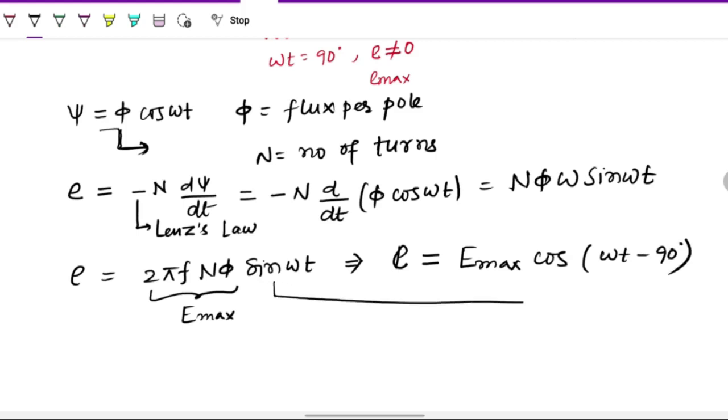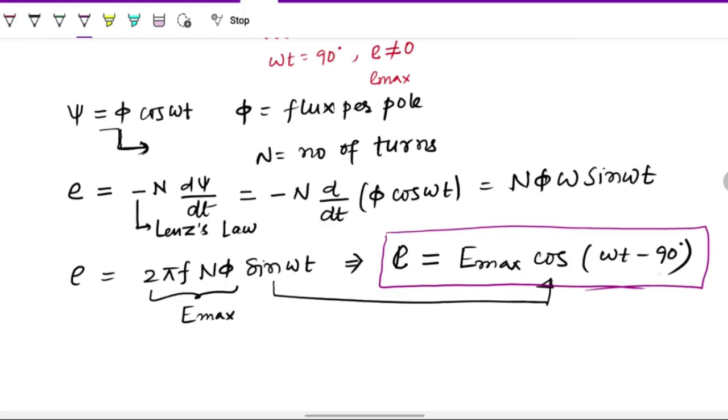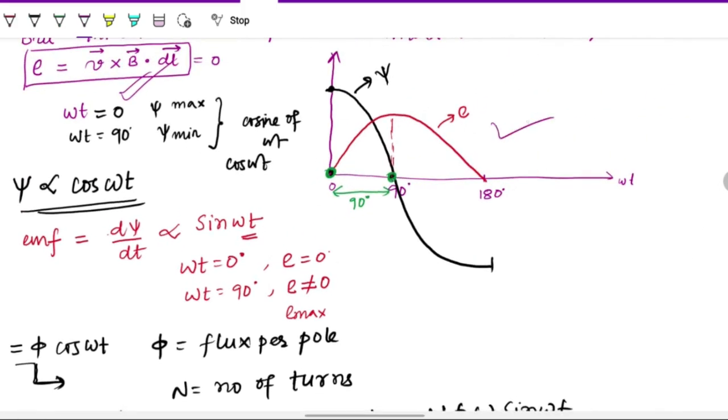Since we have converted this sine in terms of cos, we can have a direct relationship whether the generated voltage is lagging or leading with respect to the flux linkage. So this generated voltage is lagging by an angle of 90 degree, which we have already seen in the graph.